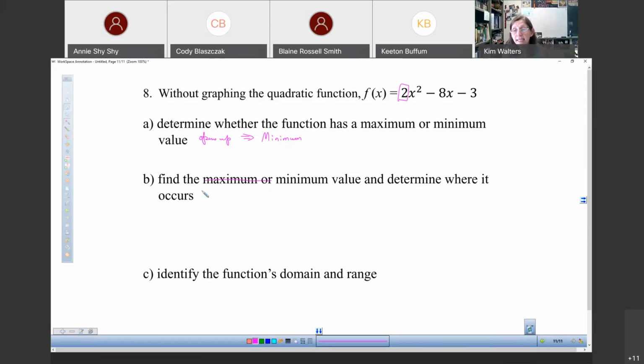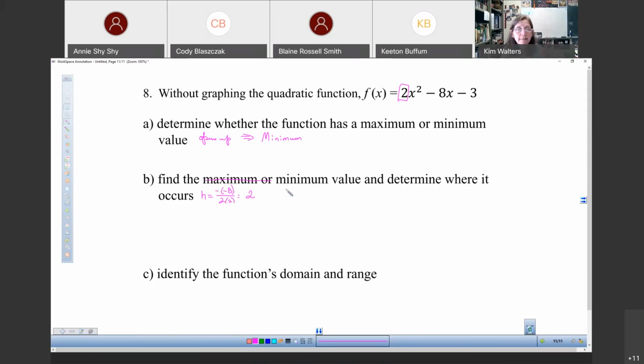And so I need to find the h part of my vertex, and I'm going to use the opposite of b over 2a. So I'm going to have a positive 8 over a positive 4, which is going to give me 2.